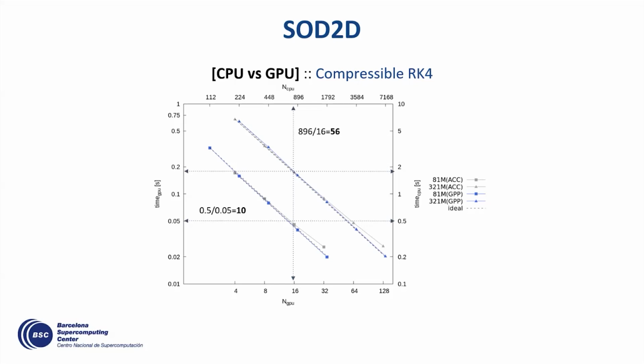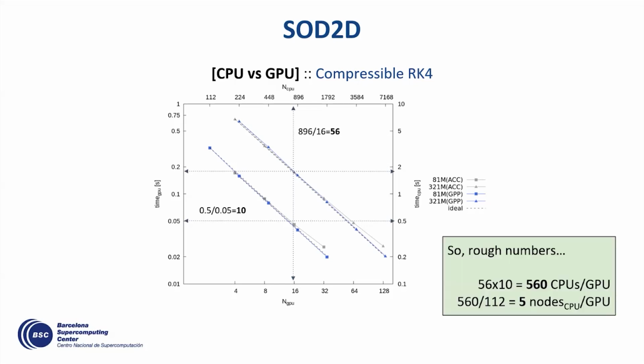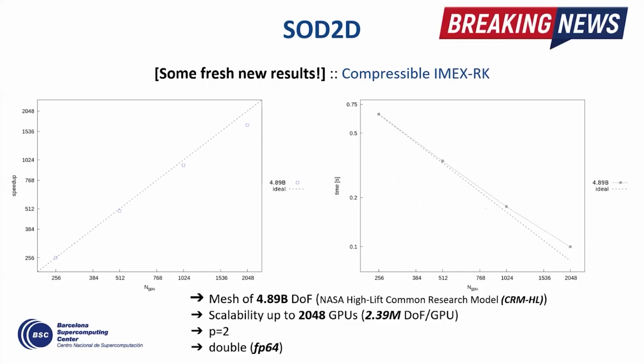So if you do some rough numbers, that means that I will need 560 CPUs of the MareNostrum 5 general purpose partition to do the same job as one single NVIDIA H100. Basically, if you take into account that each node of MareNostrum 5 has 112 CPUs, that means that I need 5 nodes of CPUs to do the same as one NVIDIA H100. So that's a good reason to use GPUs, okay?